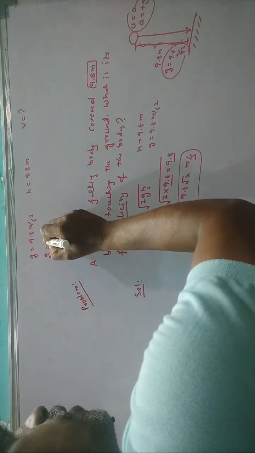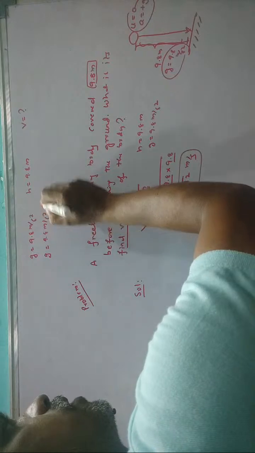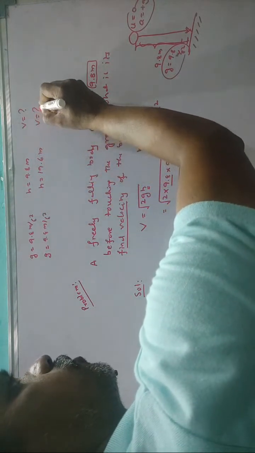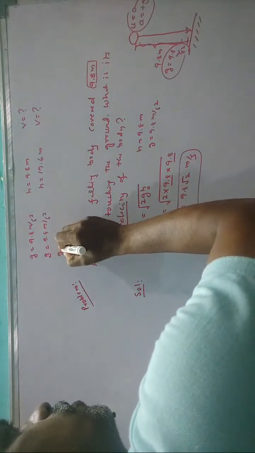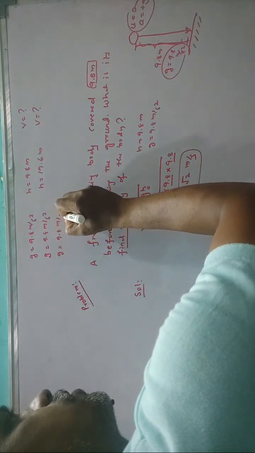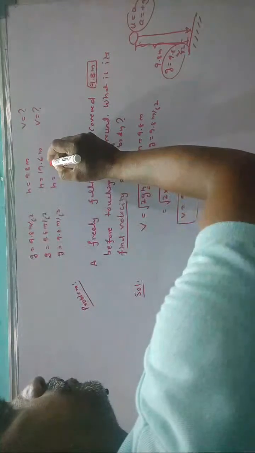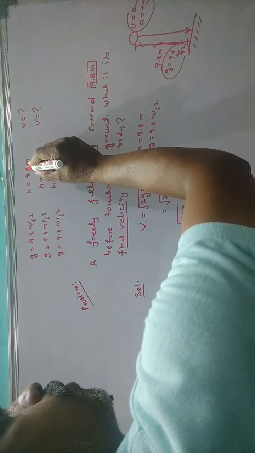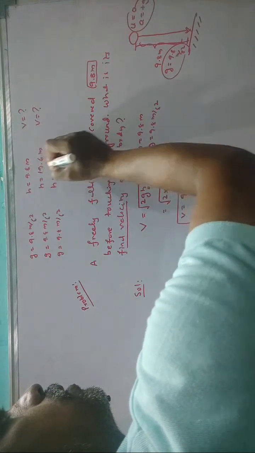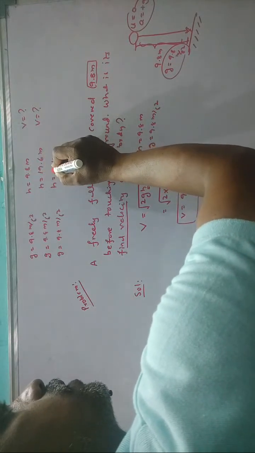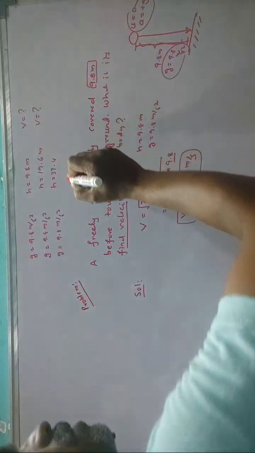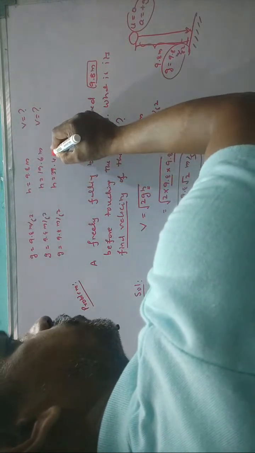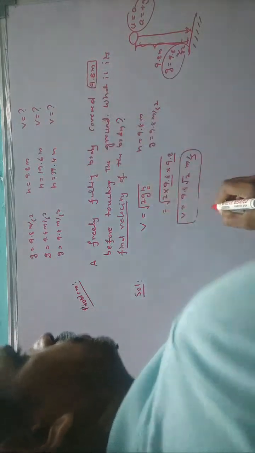Then g equal to 9.8 meter per second square, h equal to 19.6 meter, v equal to what? g equal to 9.8 meter per second square, h equal to 39.4 meter, v equal to what?